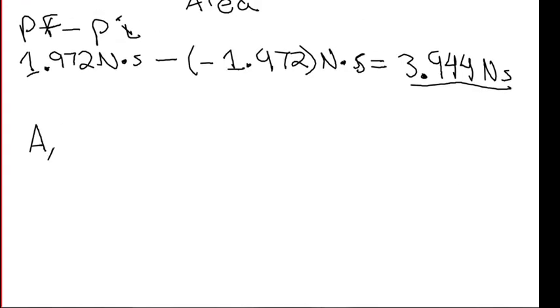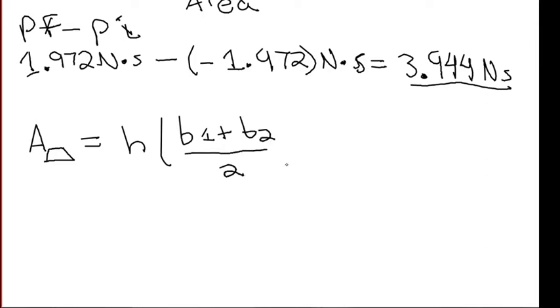But the area of a trapezoid, if I can draw a small trapezoid, is the height times the average of the two bases. So we add up the bases, and we just divide by 2. So in that case, the area is actually F max, that's going to be the height.